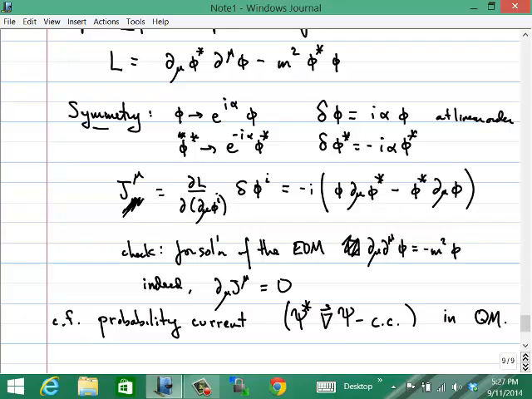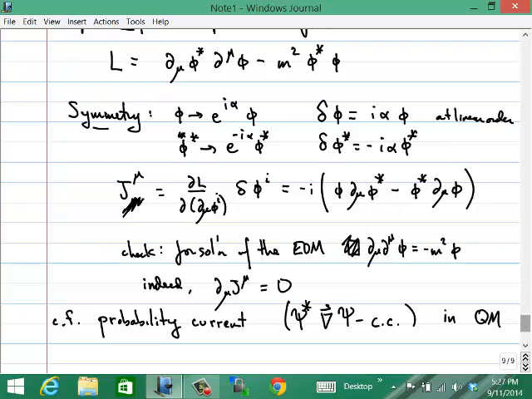And that is also conserved in quantum mechanics. You can think of this as three components of a conserved 4 vector whose 0th component is the probability density, psi star psi dot minus complex conjugate, the probability current in time.